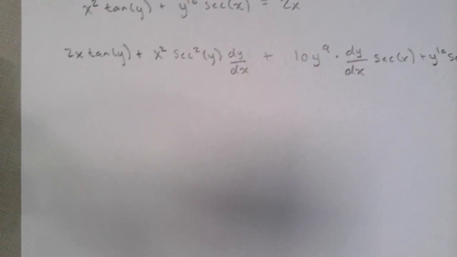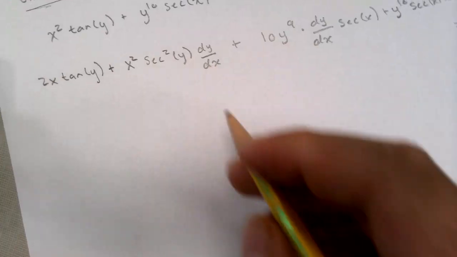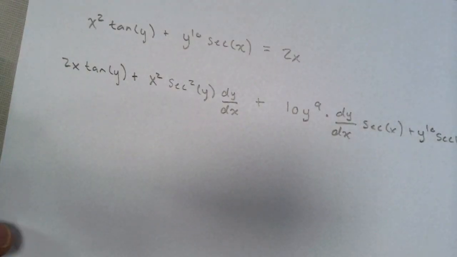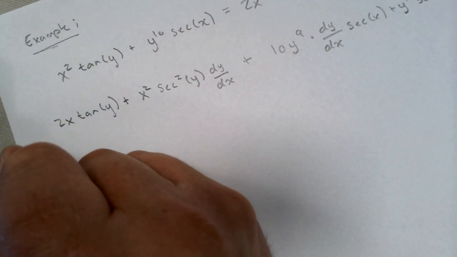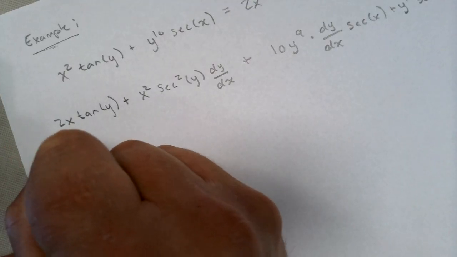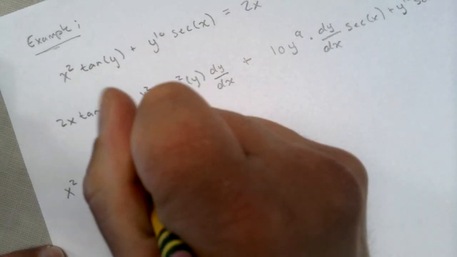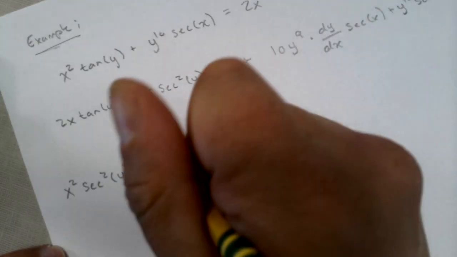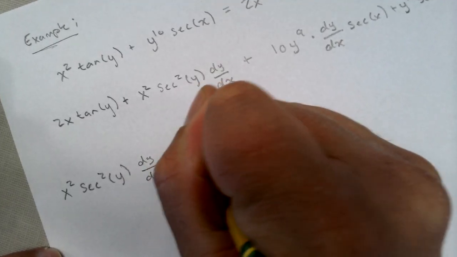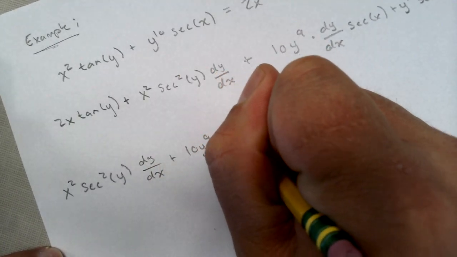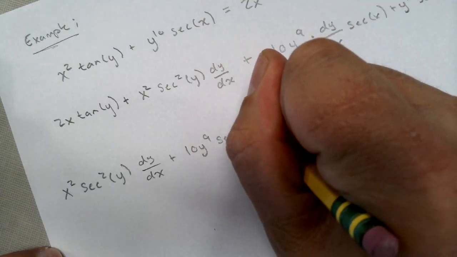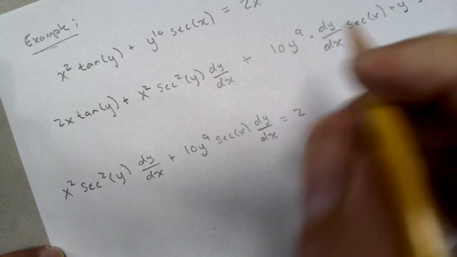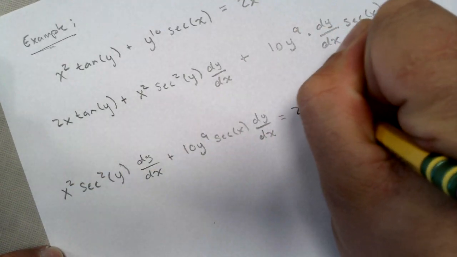All right, let's clean this up a bit. So I'm going to get all my dy dx's on one side and then everything else on the other side. So here we're going to have x squared secant squared y dy dx plus 10 y to the 9th secant x dy dx is equal to 2 minus 2x tangent y.